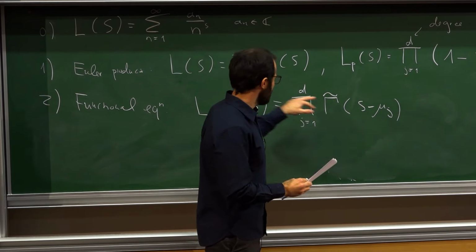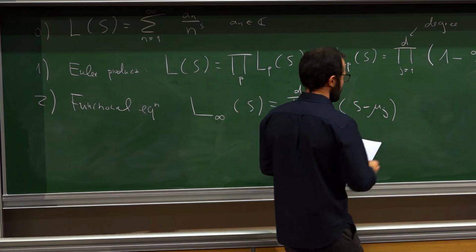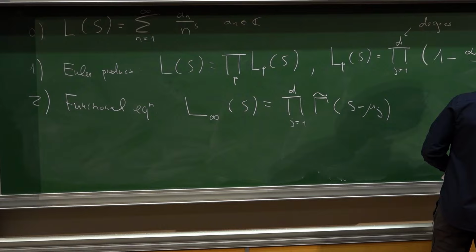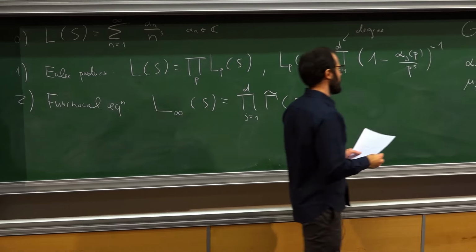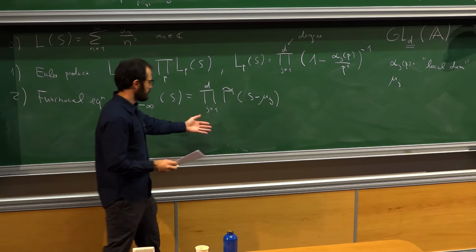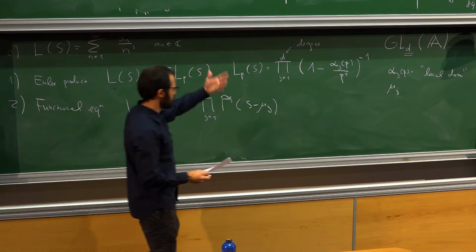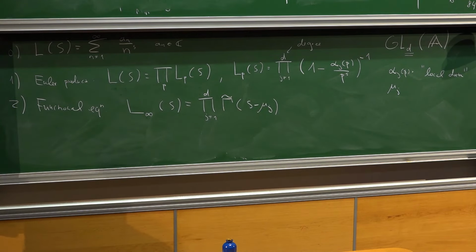There is again d of them, so the same d here and here. And now this mu_j is also a part of the local data, but now it literally labels infinite dimensional representations of GL_d over the reals instead of GL_d over Q. So there's a very nice representation theoretic way of stating all of this.